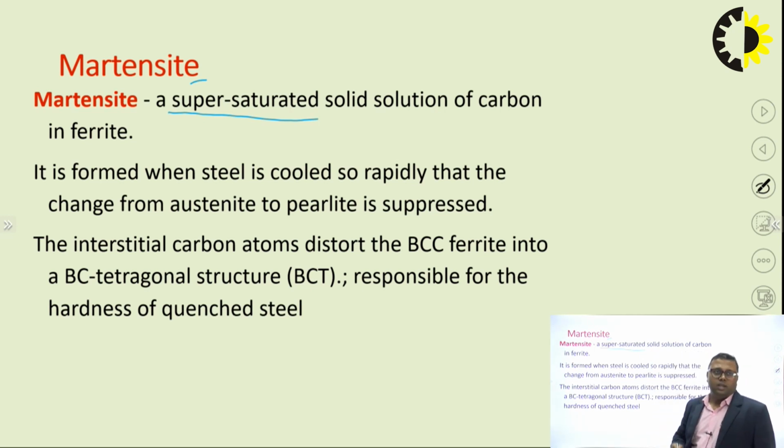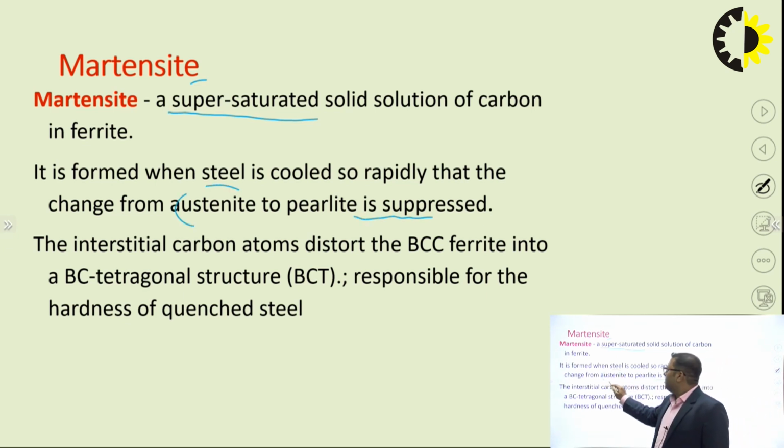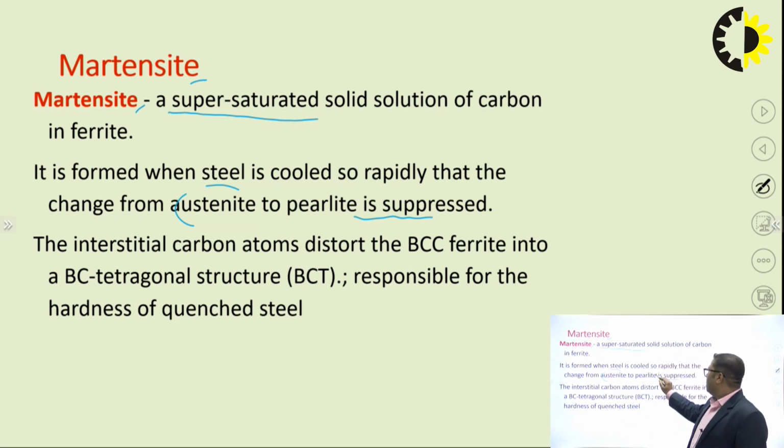We see this phase when the temperature is very low and we cool steel so rapidly that it converts from the austenite phase to martensite, and the formation of the pearlite phase is suppressed. Why is it suppressed? Because we cool this austenite phase so rapidly that the formation of pearlite doesn't happen.